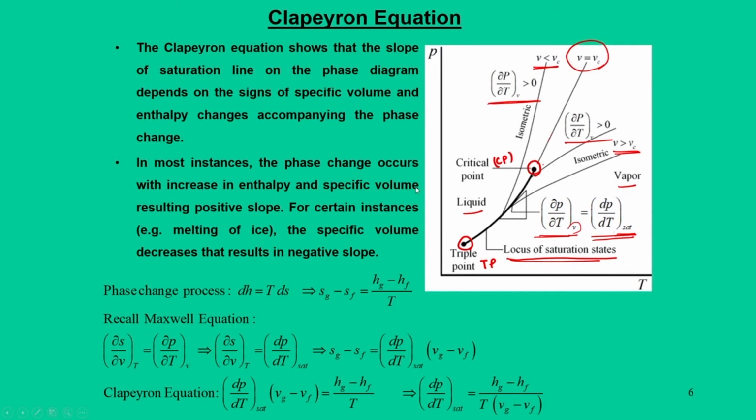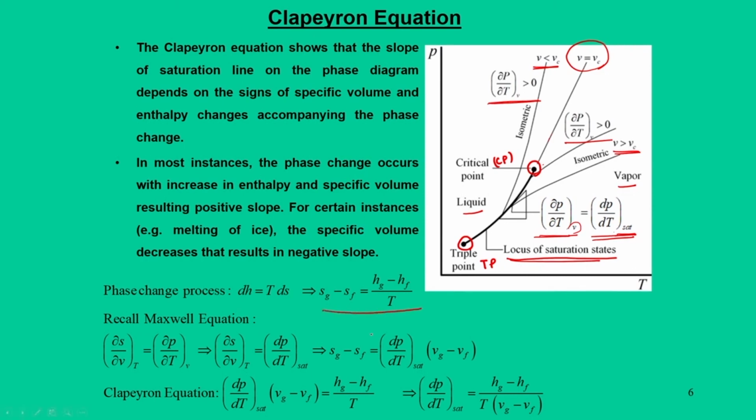So what we are now going to see is the role of dP/dT, which is very important in deriving the Clapeyron equation. In our earlier relations we know what Sg minus Sf is.